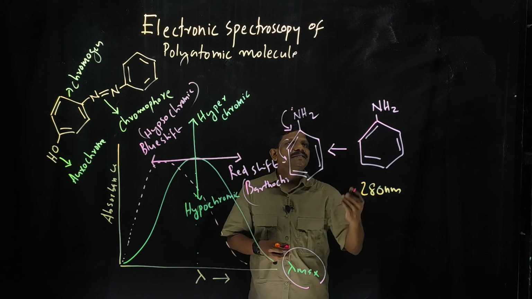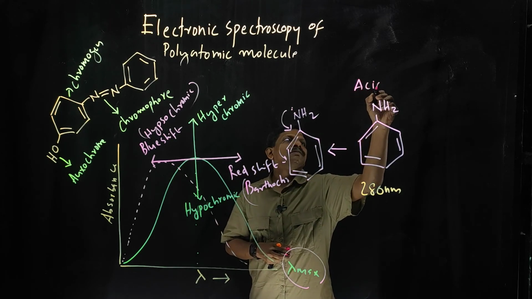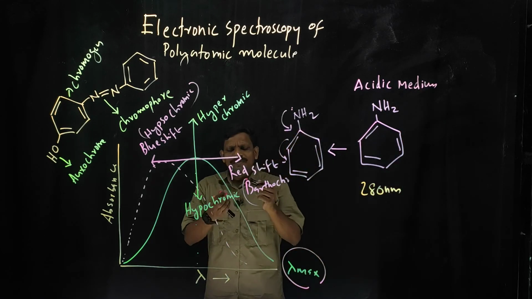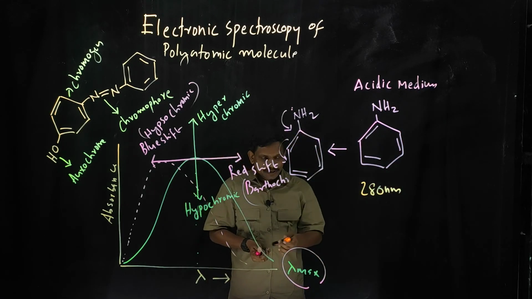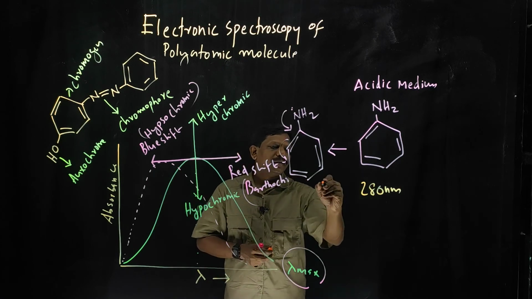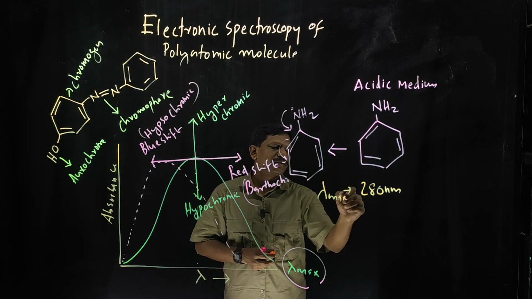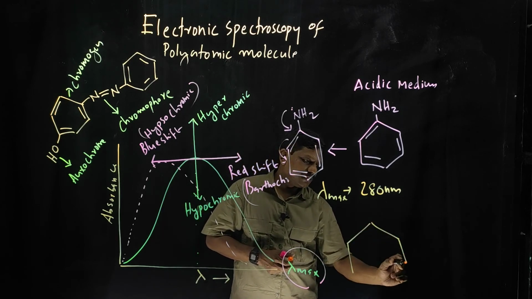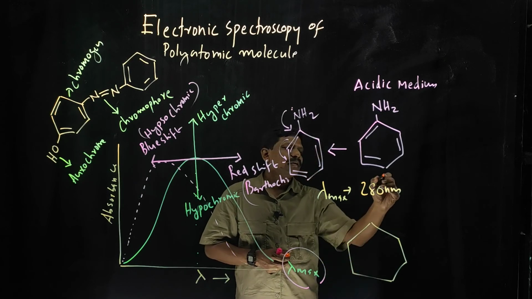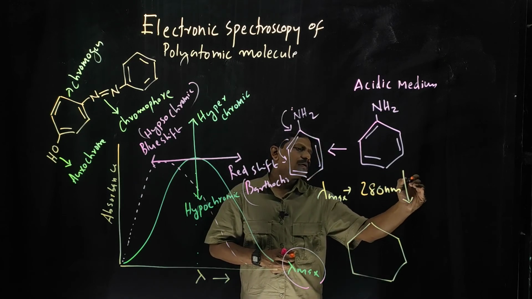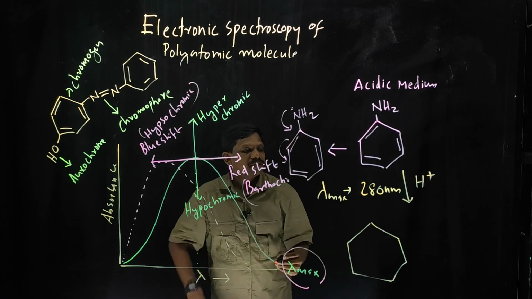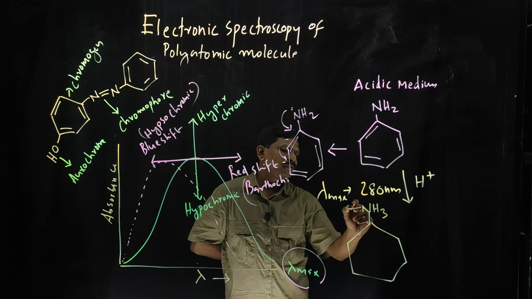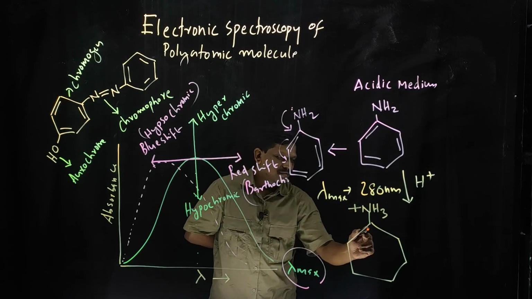When it is in acidic medium, aniline shows a very low lambda maximum compared to this. We will see why. What happens when aniline is in acidic medium, H plus? Protonation of the system will take place like this.